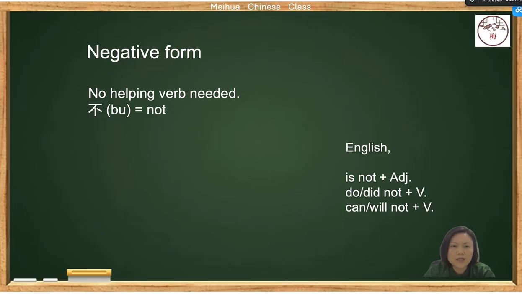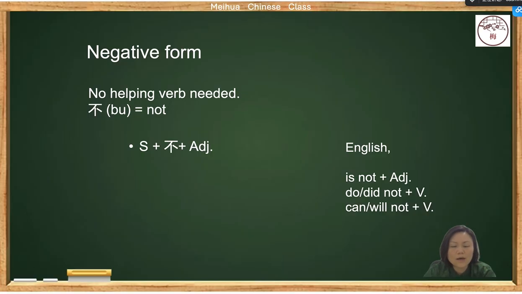But in Chinese, we don't need any helping verb. We don't need any linking verb. So for adjective, as we learned, adjective can function as the predicate in a sentence, right? We don't need any linking verb like be in English.